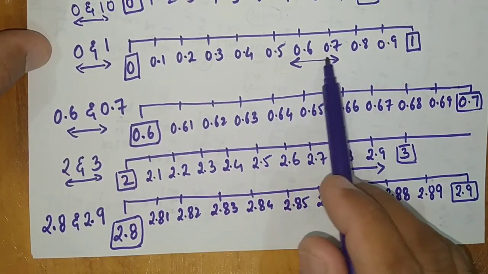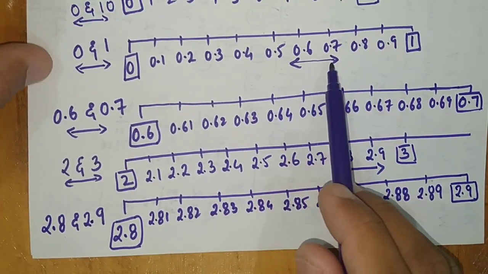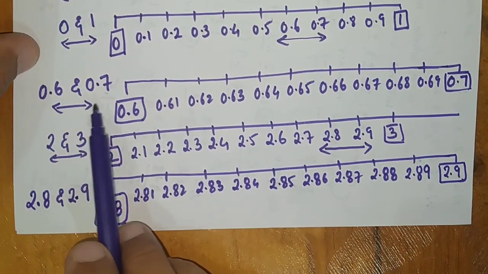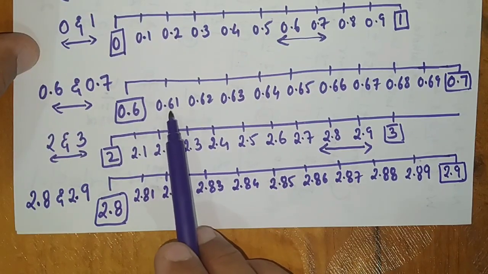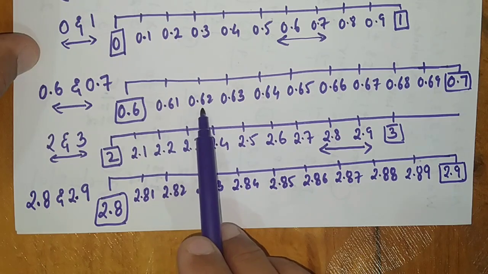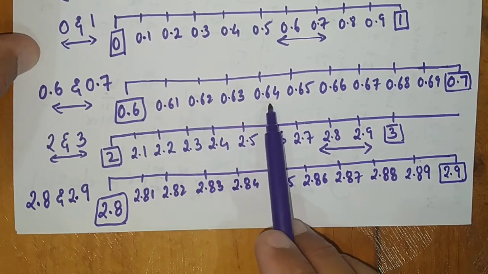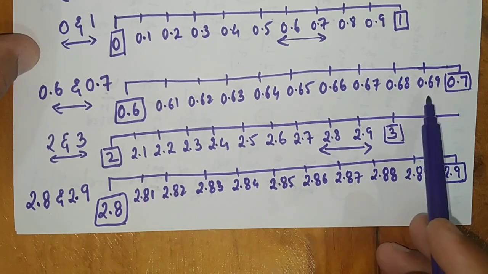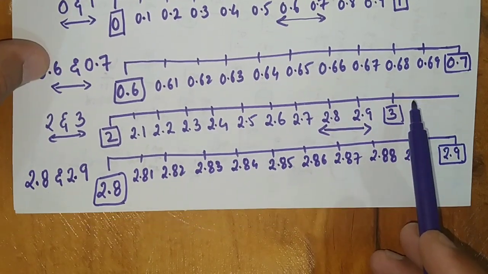If you consider 0.6 and 0.7, you will find 0.61 to 0.69.